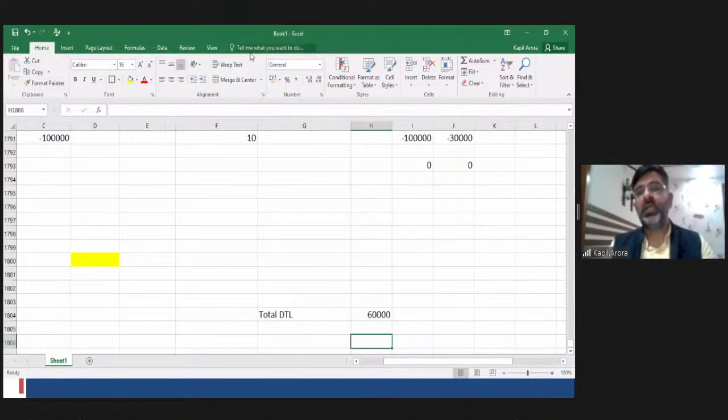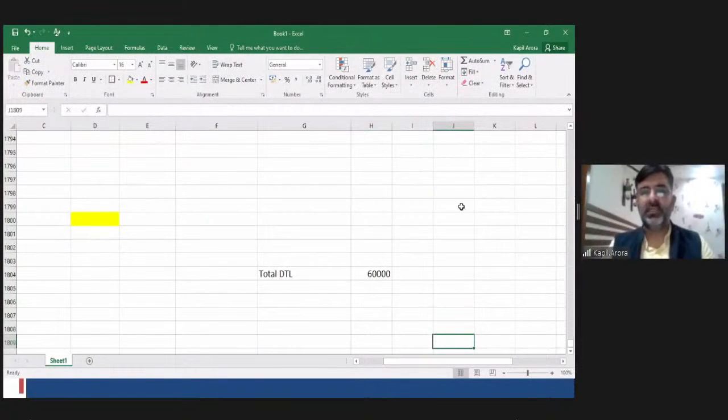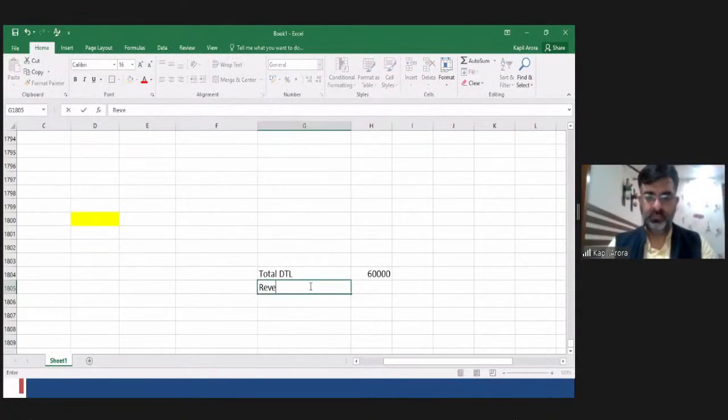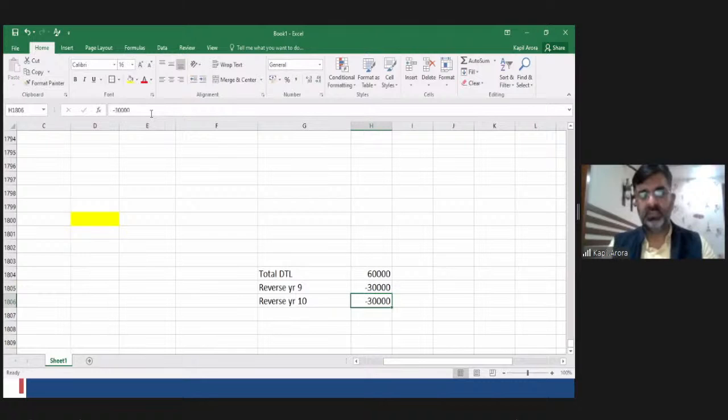How much is it reversing? It is reversing 30,000 in year 9, and 30,000 in year 10. So it will reverse 30,000 and 30,000, and it will become 0.